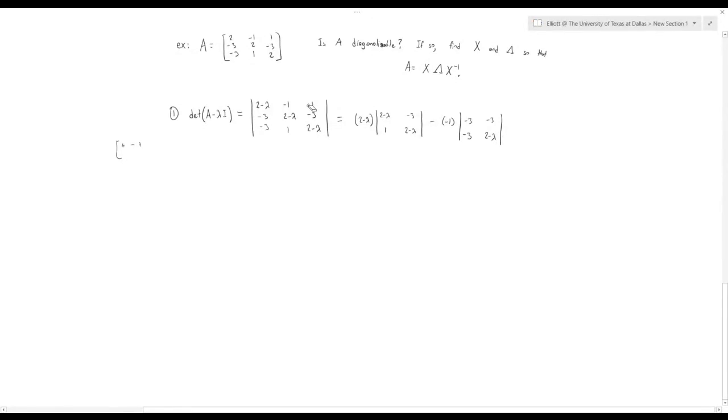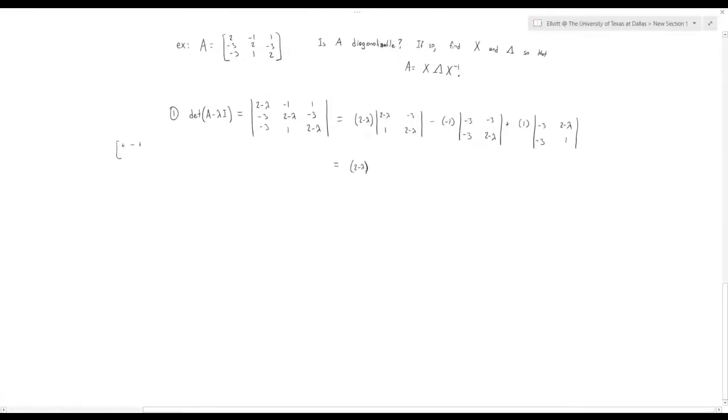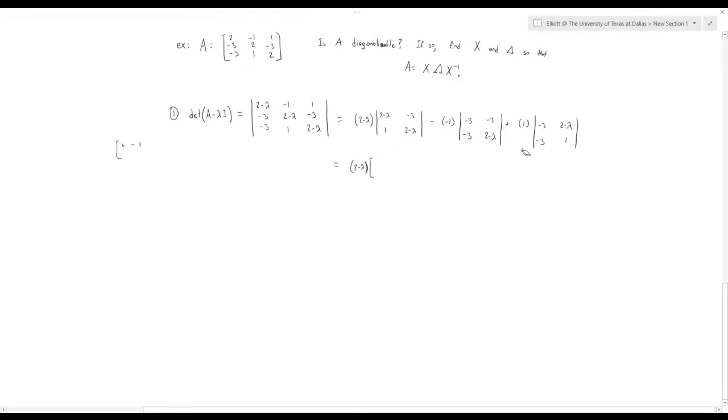And then lastly, it's going to be +1 times, remove the row and the column containing that one, and then we need the determinant of this 2 by 2. Okay. So then we will work out each of these 2 by 2 determinants next.